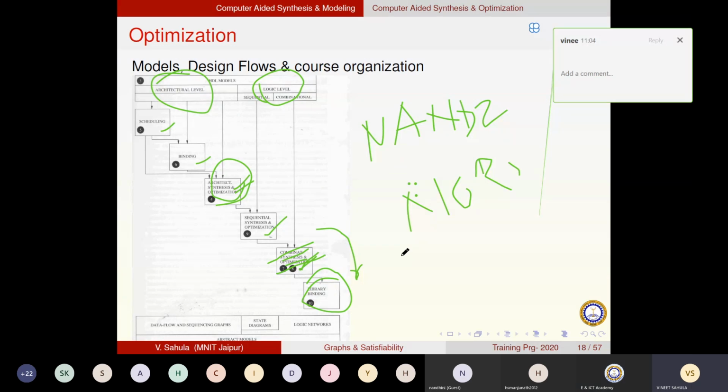After this step, I still have gates. The only point is I am now replacing them by gates for which layouts are available. Later on, I can translate that to layout also. But at my logic level, I have another gate netlist where all gates are identified by their corresponding layout.